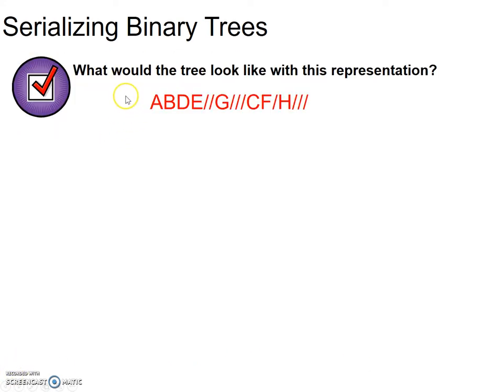So let's see if you could figure out what the tree would look like based on this representation. So I know that this is a pre-order, so A would go at the beginning, then I'd go to the left B, to the left D, to the left E, and then hit two nulls, back to the right, and so on and so forth.